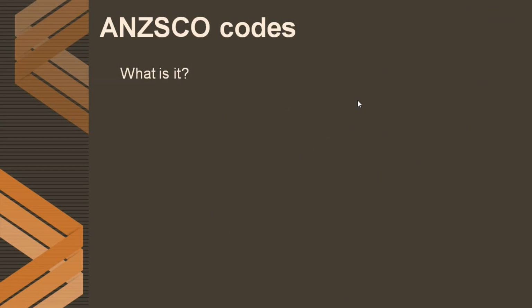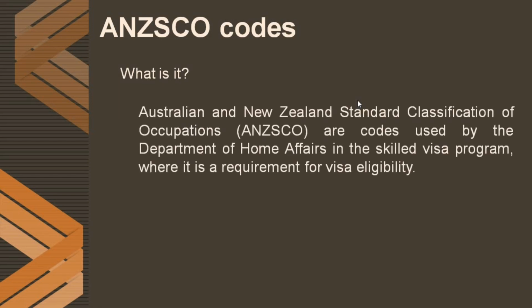Next, the question was, what are ANZSCO codes? ANZSCO codes are the Australian and New Zealand Standard Classification of Occupations, codes used by the Department of Home Affairs in the skilled visa program, where it is a requirement for visa eligibility.